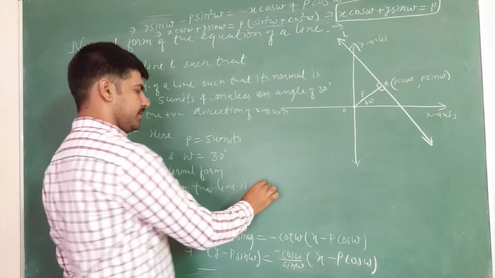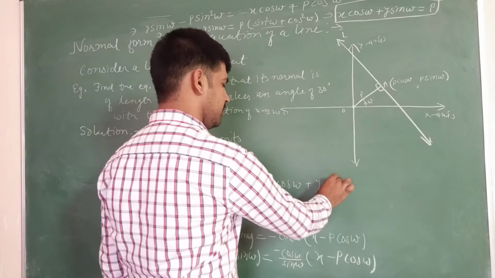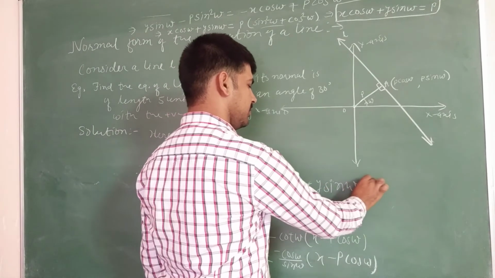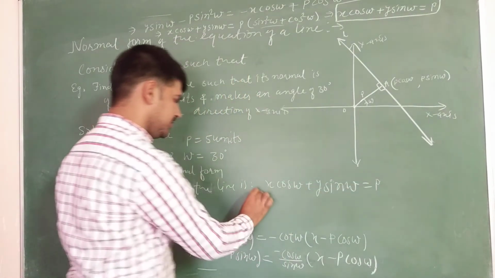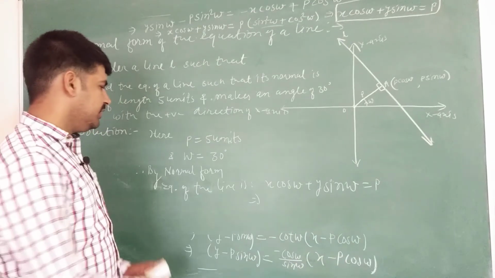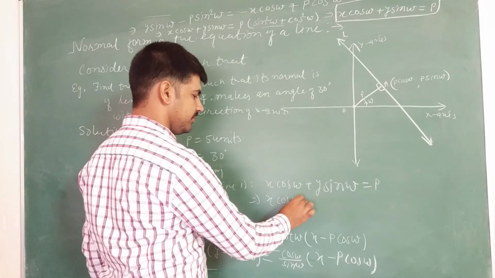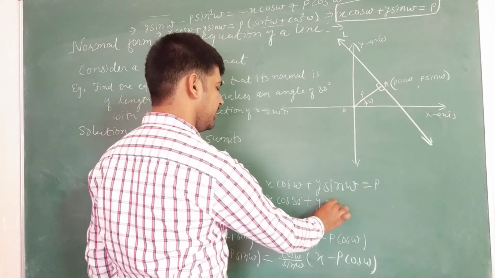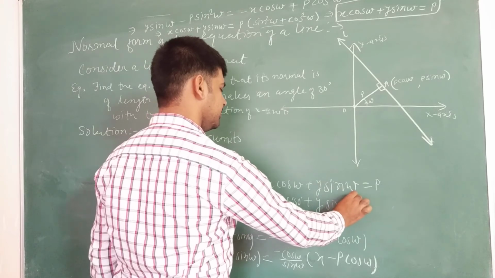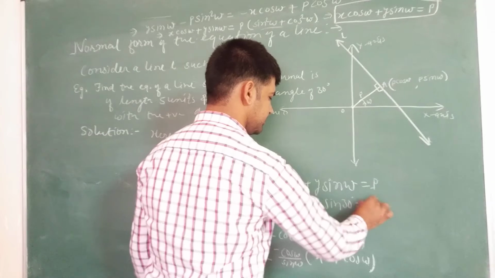is x cos omega plus y sin omega is equal to p. Let's substitute the values of omega and p. The value of omega is equal to 30 degrees. So x cos 30 plus y sin 30 is equal to p, the length of normal, that is equal to 5 units.